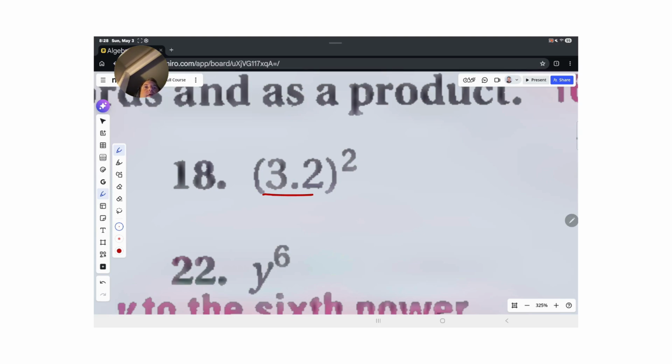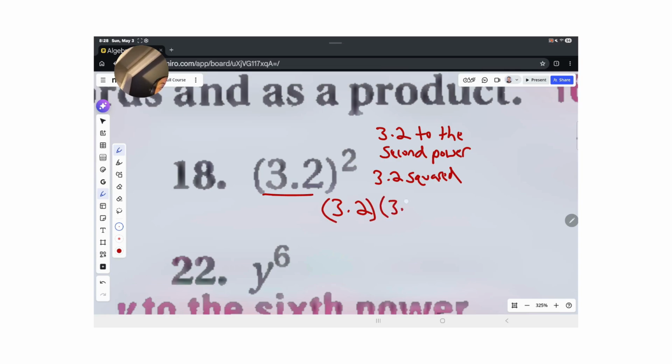All right, so 3.2 to the 2nd power, or 3.2 squared. And we write that out as 3.2 times 3.2. Twice there.